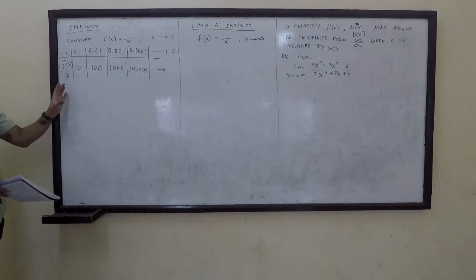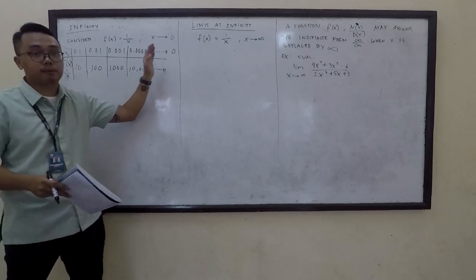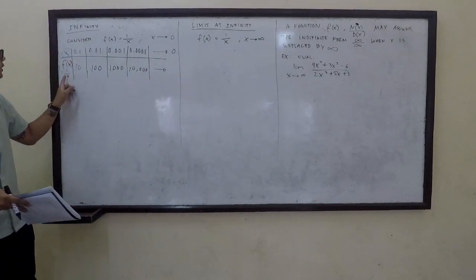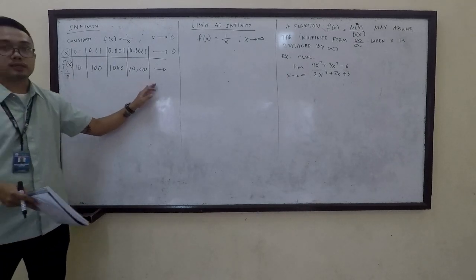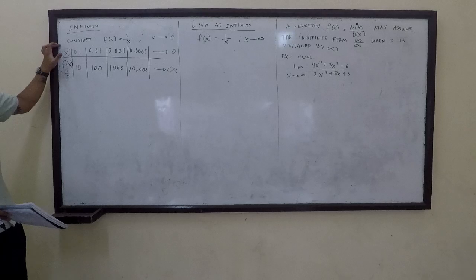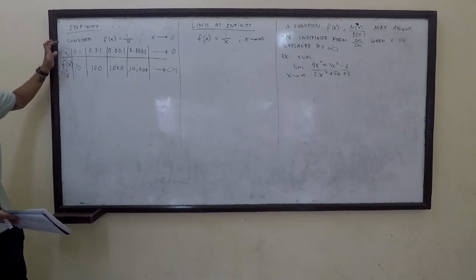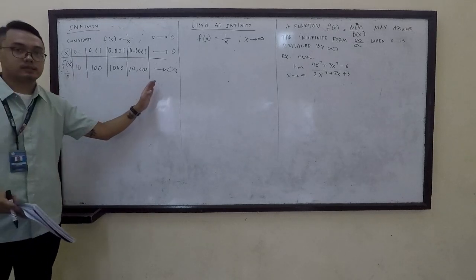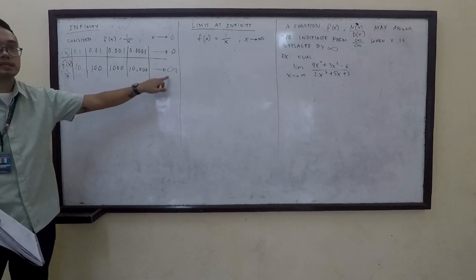As you can see from the pattern, as x slowly approaches 0, 1 over x slowly approaches infinity.